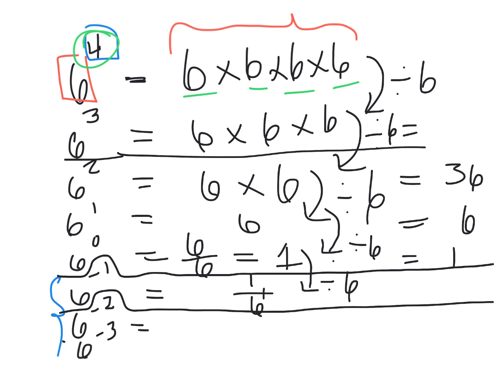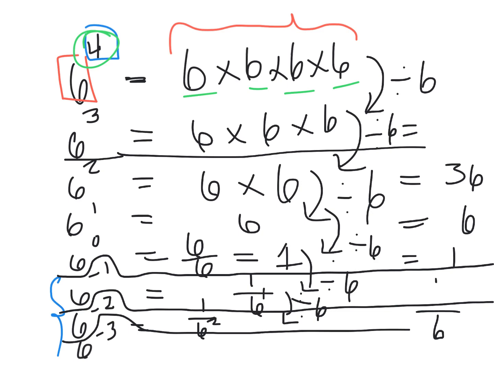The next one is 6 to the power of negative 2. Again, we look at our pattern, and it's 1 over 6 to the power of 2, because we just divided by 6 again. And 6 to the power of negative 3 would be 1 over 6 to the power of 3. So that's kind of the background of how that all works.